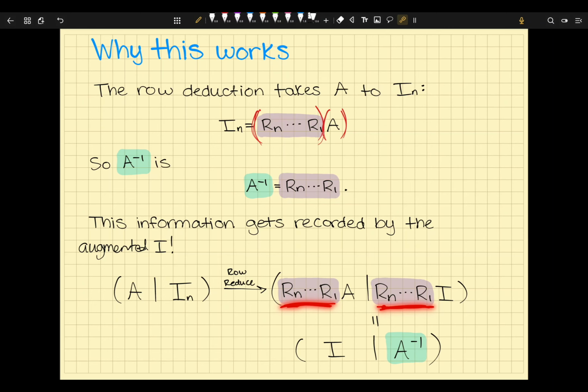So at the end, what we're left with is this part goes to I, and this part goes to A inverse. Or rather, well, sorry, these are equivalent.